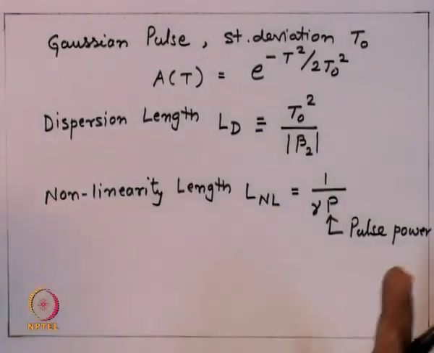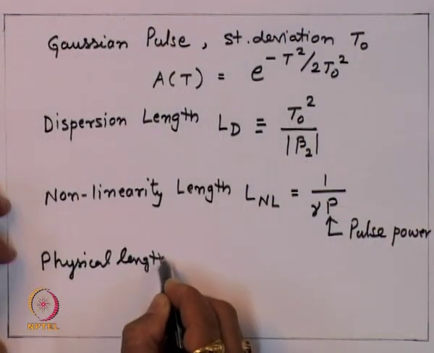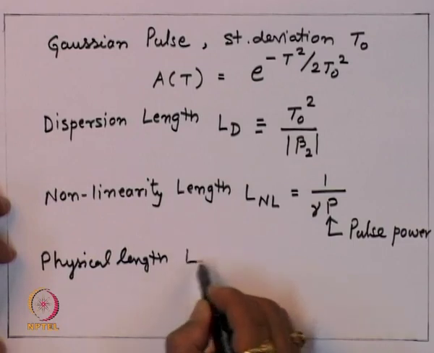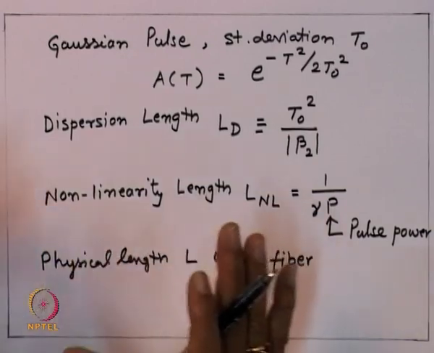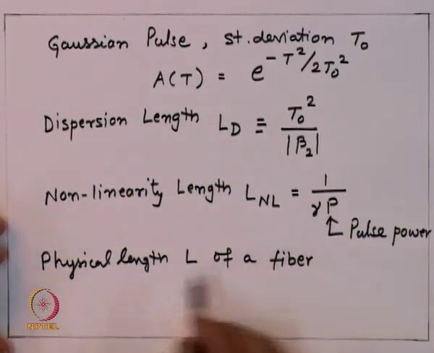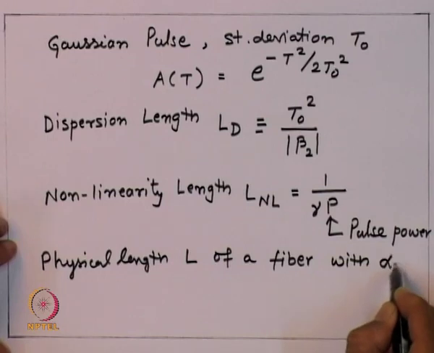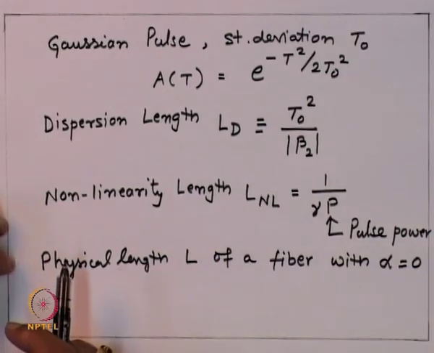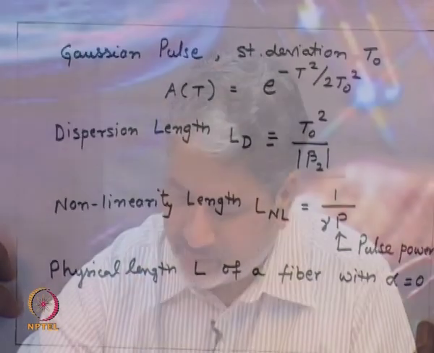So, essentially you have four combinations. If I consider the physical length L of a fiber, and for simplicity let us assume that the loss is negligible, alpha is approximately 0, you may have four main possibilities.